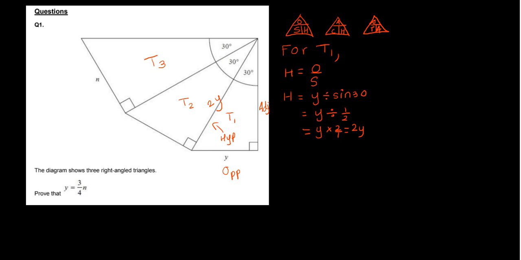So for triangle 2, this is my opposite side, this is my adjacent side, and that's my hypotenuse.